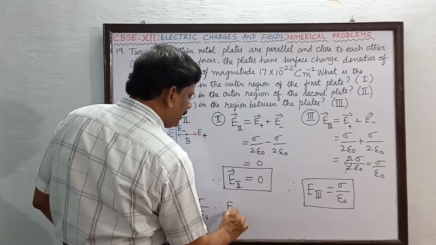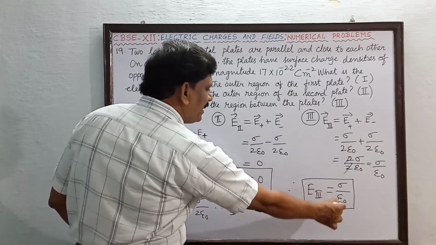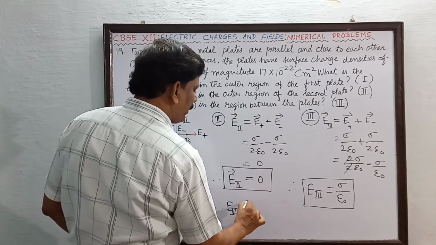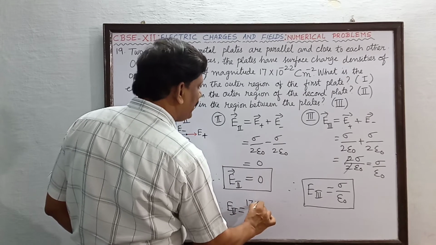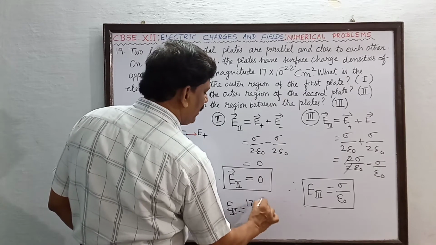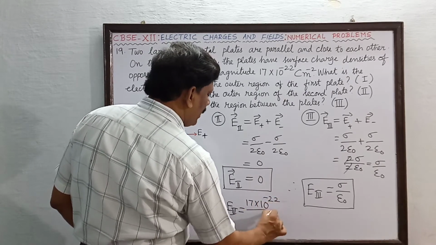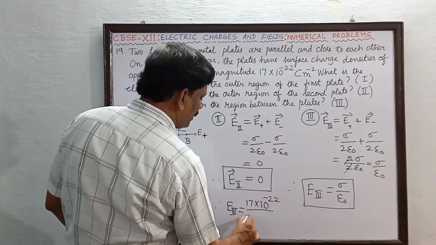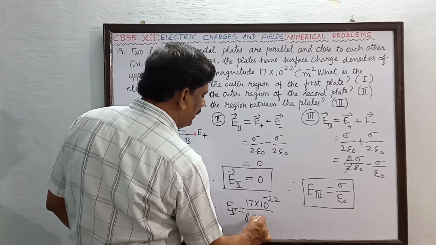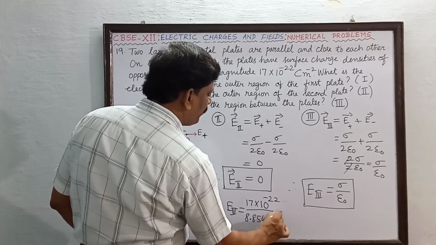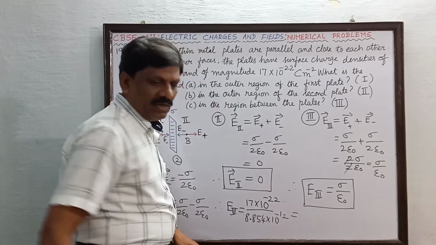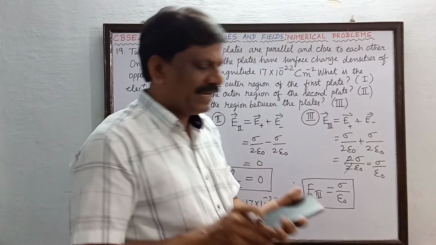Therefore, I am going to continue here. E3 is equal to sigma by epsilon naught. So in place of sigma, I will substitute 17 into 10 to the power of minus 22. And that is divided by epsilon naught. Epsilon naught is 8.854 into 10 power minus 12. Okay, I am going to use the calculator now.